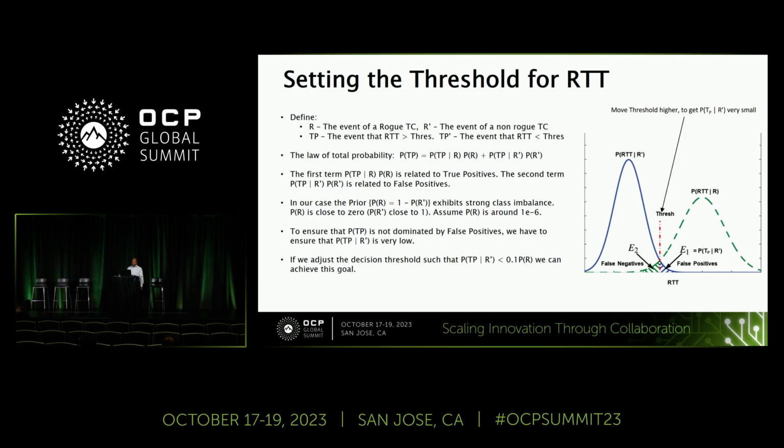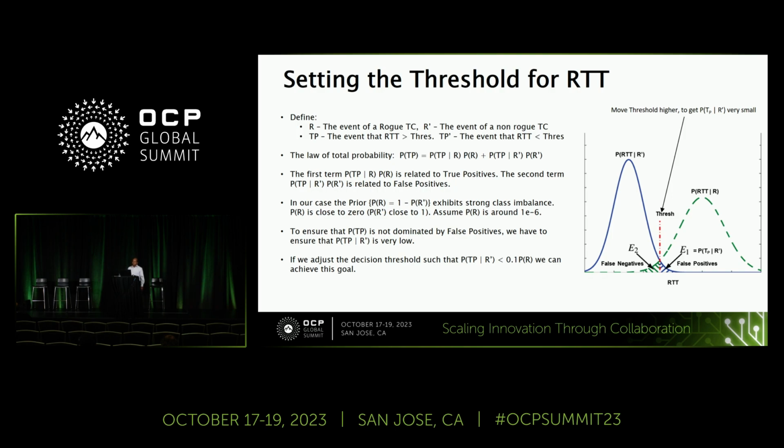If I want to make the false positive rate smaller, and false positive means that I crossed my threshold, so I detected a rogue TC, but we're looking at the area under the blue curve, which means that there is no rogue TC present, yet I detected one. That is the false positive rate.